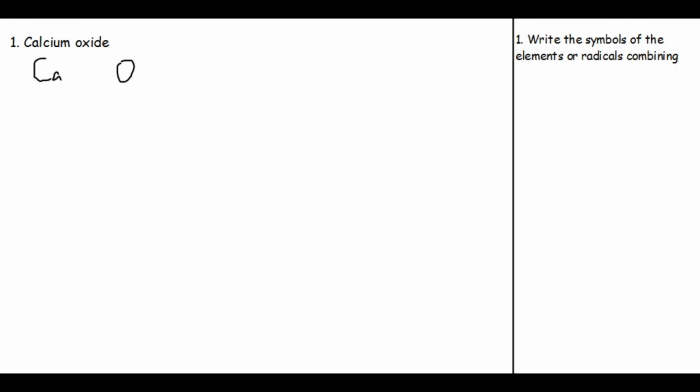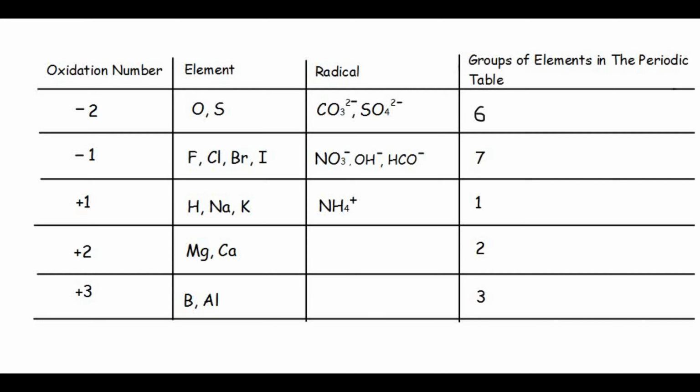So the second step is write the oxidation number of the elements or radicals involved above them to the right. Now this is an instruction. We are supposed to write the oxidation numbers. Now let's take a look back at that table I drew before.